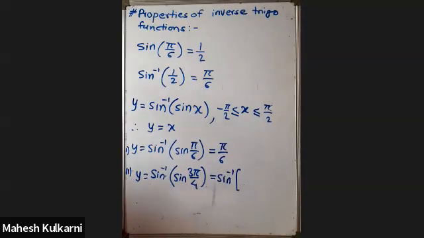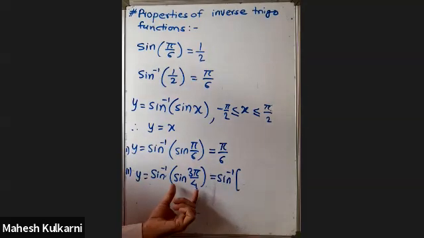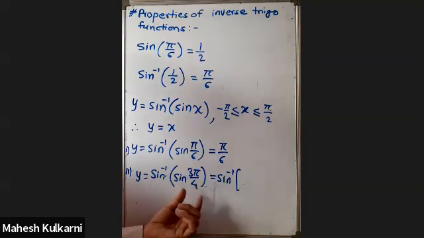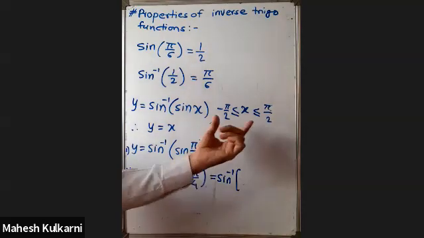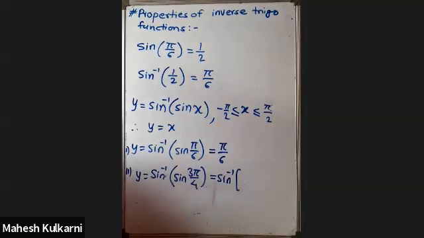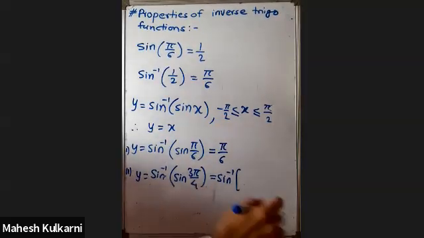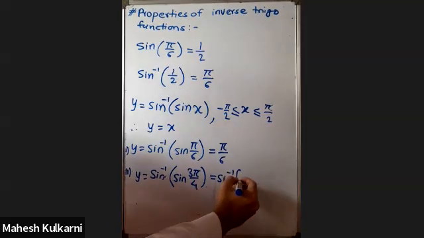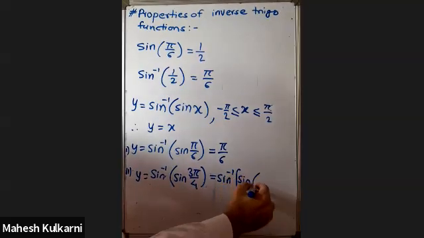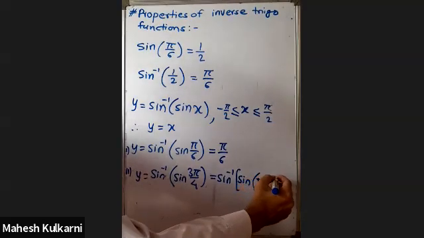For this, we are going to use the allied angle formula and write the function for an equivalent angle such that theta lies between minus pi by 2 to pi by 2. So see here, it is sine 3 pi by 4. We can write this as sine of pi minus pi by 4.